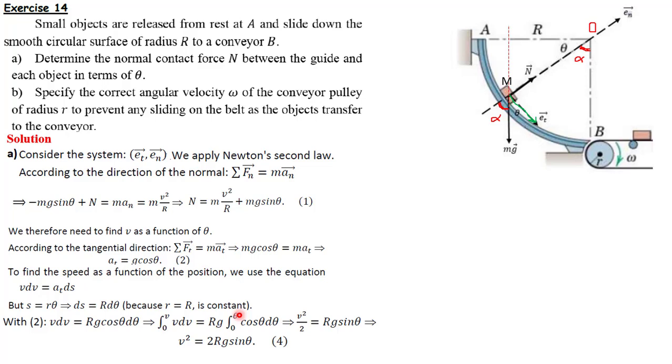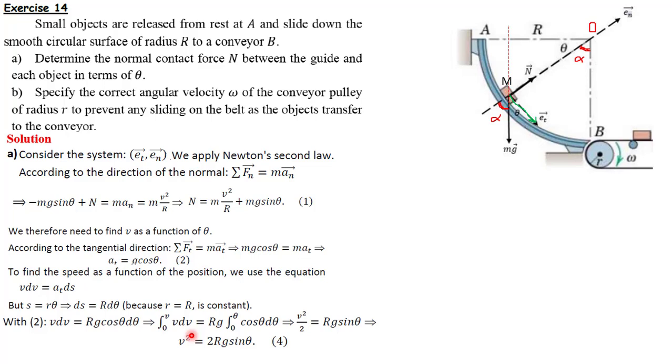The integral of v dv between 0 and v will give v squared over 2, and the integral of cosine theta d theta between 0 and theta will give sine theta between 0 and theta, with sine 0 equal to 0. So the expression of v squared will be equal to 2rg sine theta.